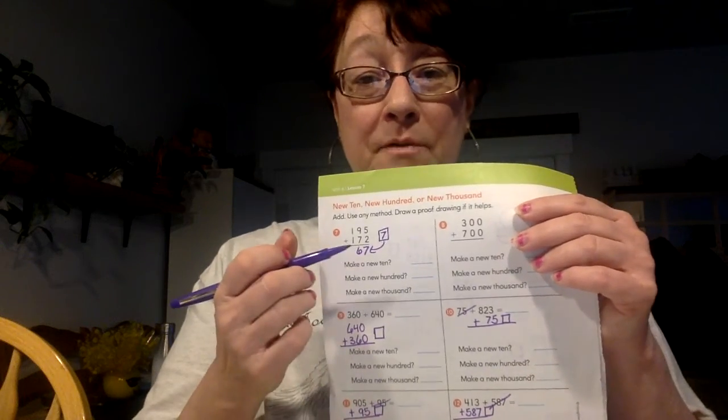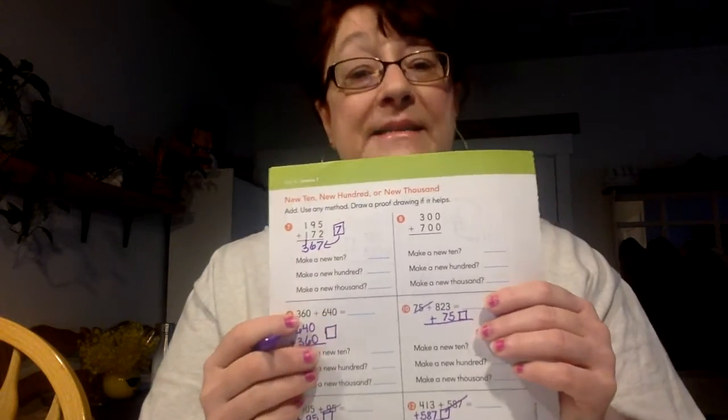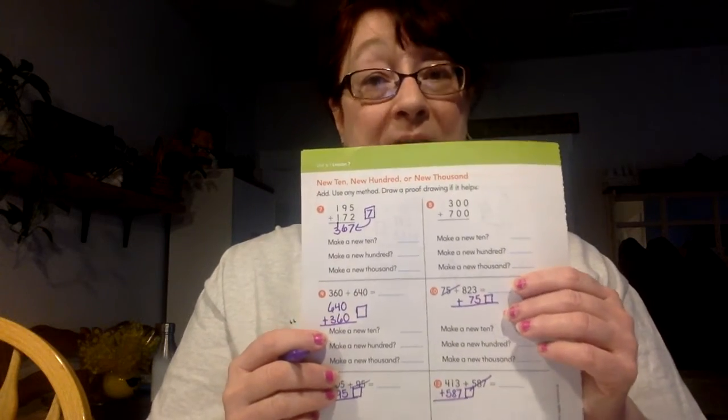But I don't put my 16 all down there. I am going to put the new groups above or below. I think I'll do the new groups below there to make a new 100 and 1, 2, 3. So my final answer is 367. Let's go through and answer those questions. Did I need to make a new 10 on that one?